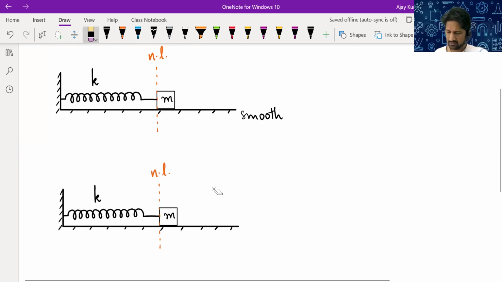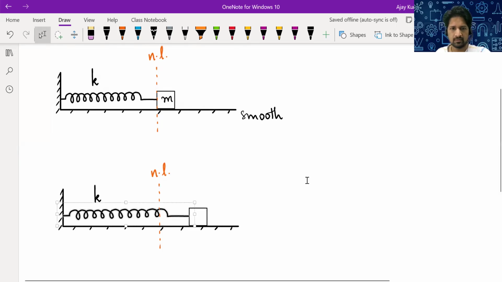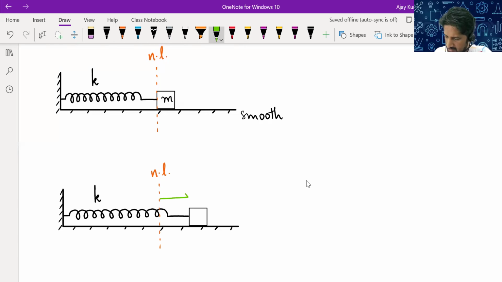Suppose the spring is stretched a little bit. Let's say the block is taken to this position. Assume the spring is stretched by a distance x.